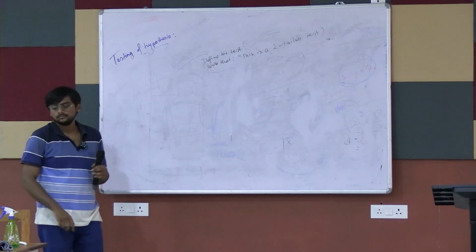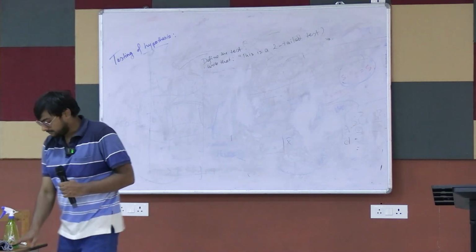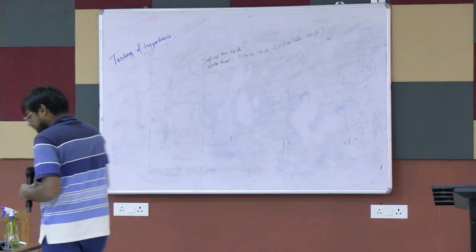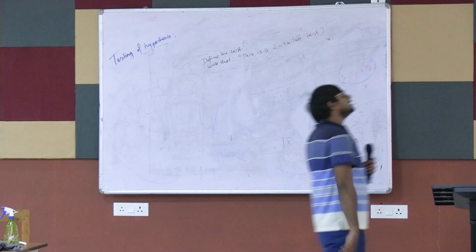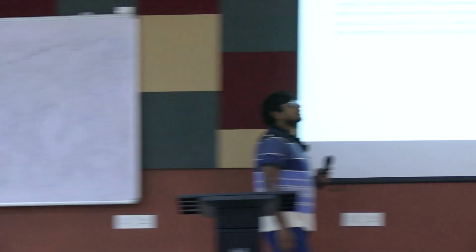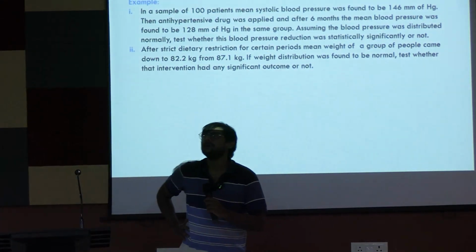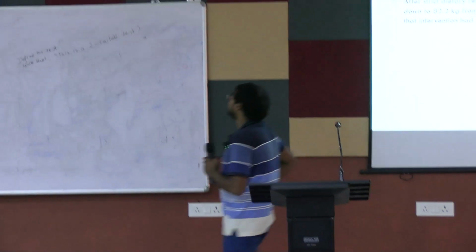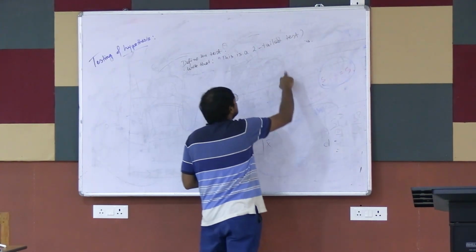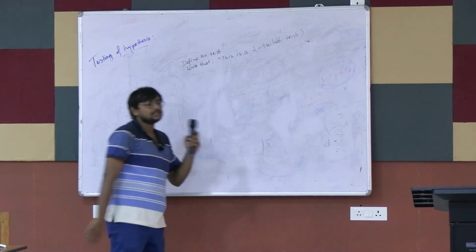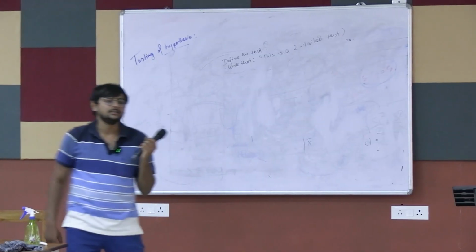Understood? Because obviously whatever tests we have in our syllabus are two-tailed. In MD you might have one-tailed tests, and in that scenario you can write one-tailed or two-tailed test whenever it's relevant. But here we only have two-tailed tests, so we can write this only. Correct?